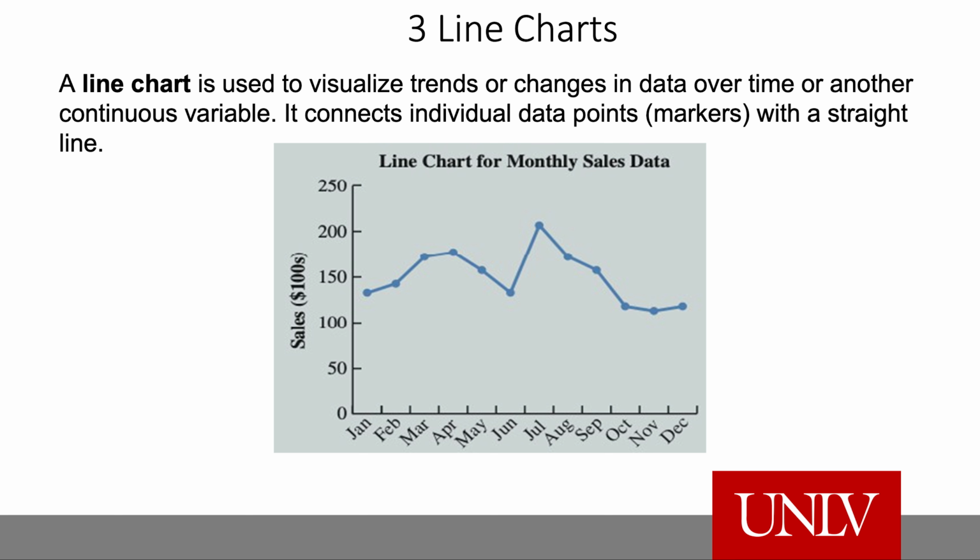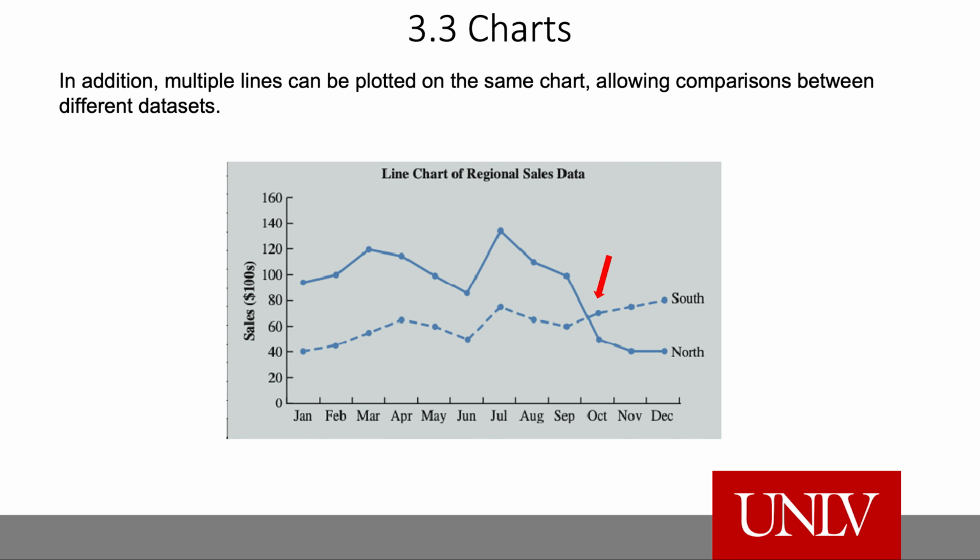They clearly illustrate upward or downward trends, stability, and fluctuations in data. Because the points in a line chart are logically connected, this type of visualization is especially effective for continuous data. In addition, multiple lines can be plotted on the same chart, allowing comparison between different datasets.